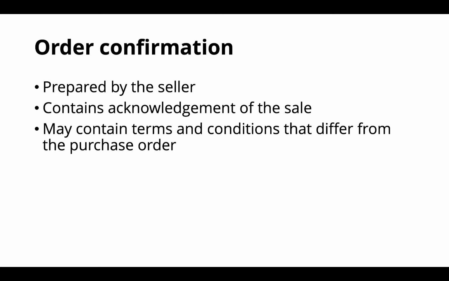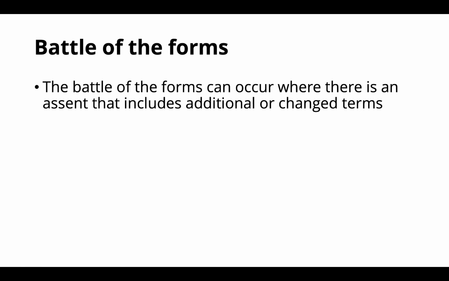These terms and conditions may differ from the original purchase order, once again leading to the battle of the forms. And remember, the battle of the forms occurs where we have an assent that includes additional or changed terms.